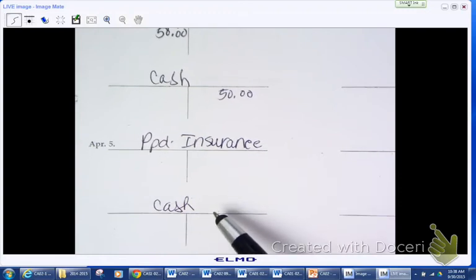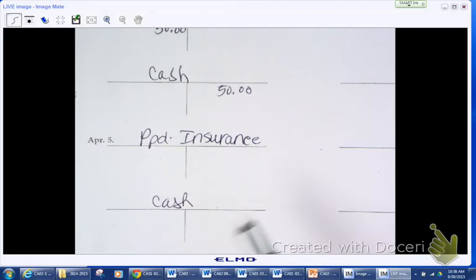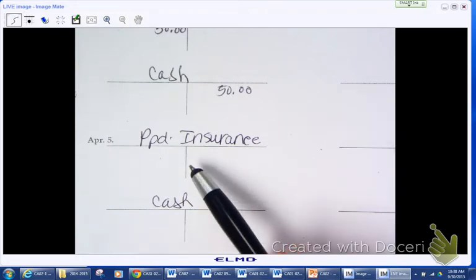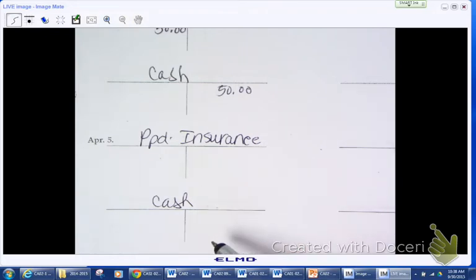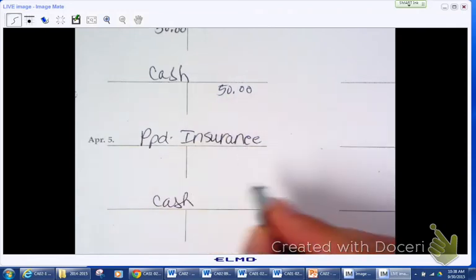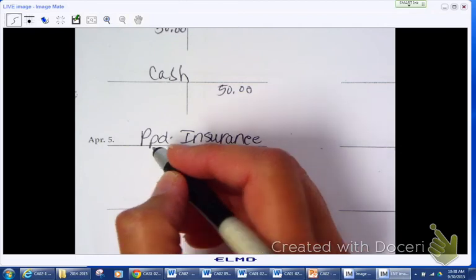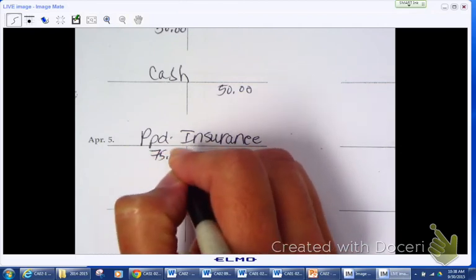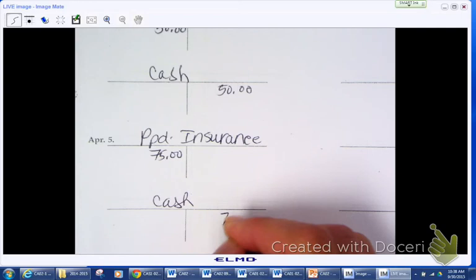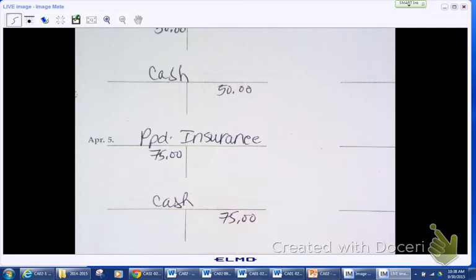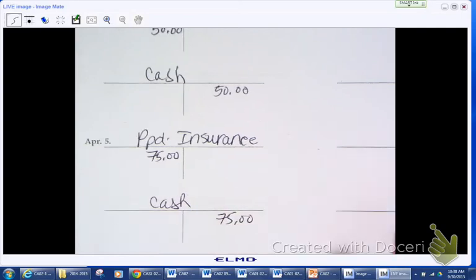So if they're both on the same side of the accounting equation, I know that one account is going to be increasing and one account is going to be decreasing. So if my prepaid insurance account is going up, I'm going to debit it for the $75. If my cash is going down, I'm going to be crediting it because assets decrease on the credit side for $75.